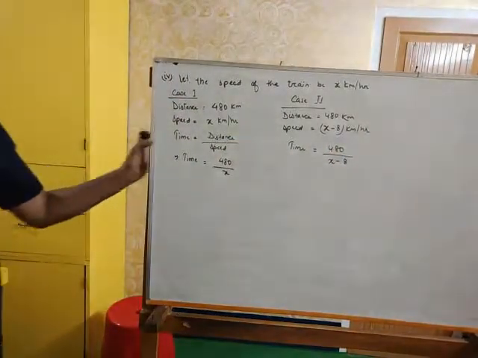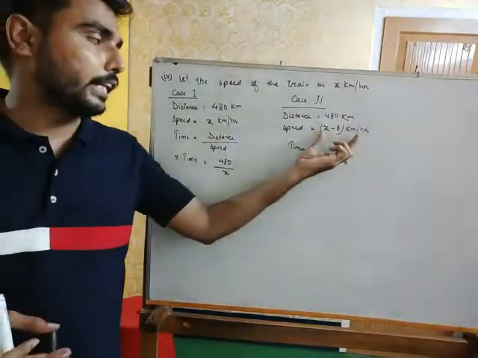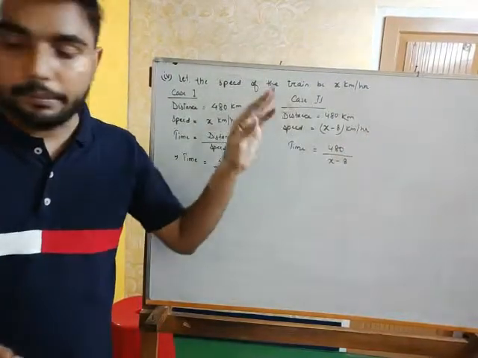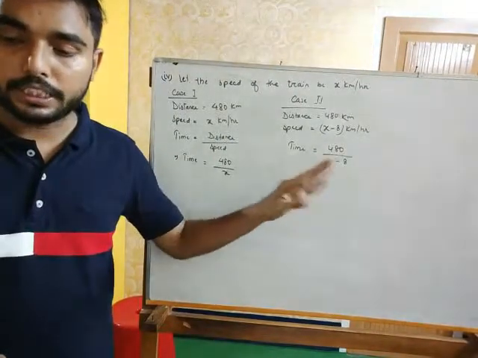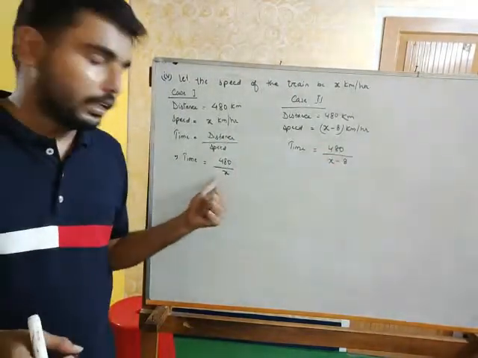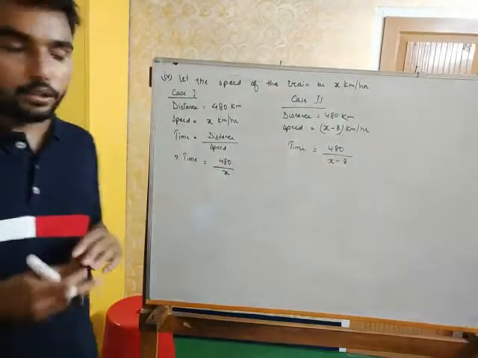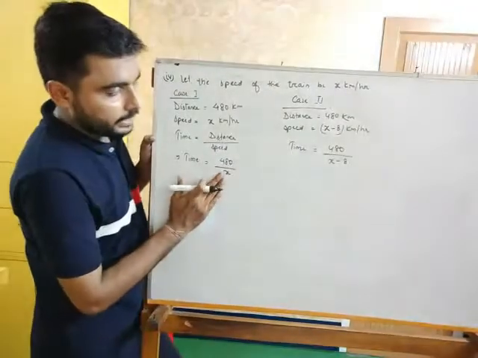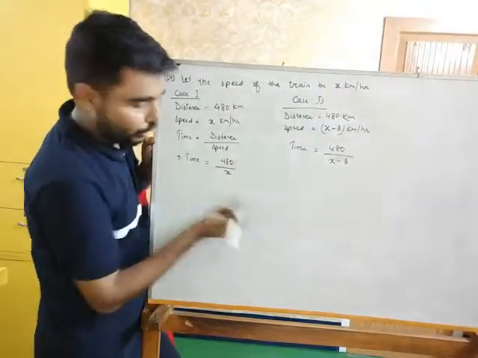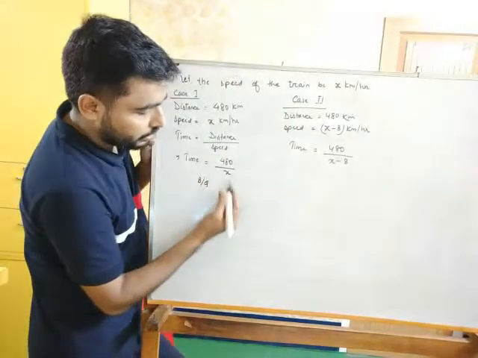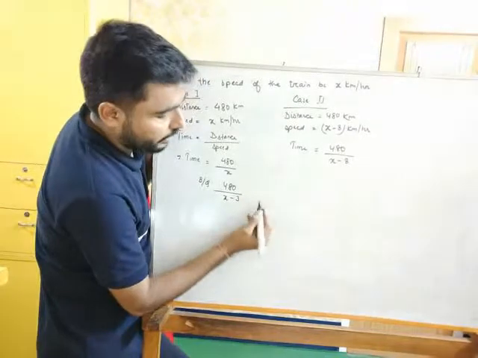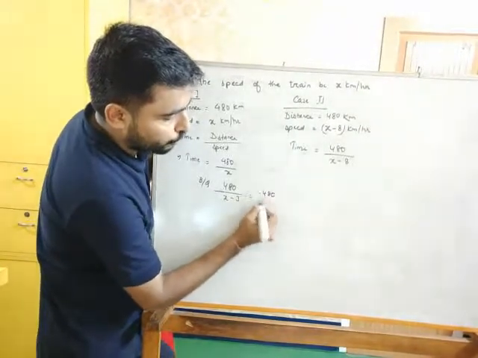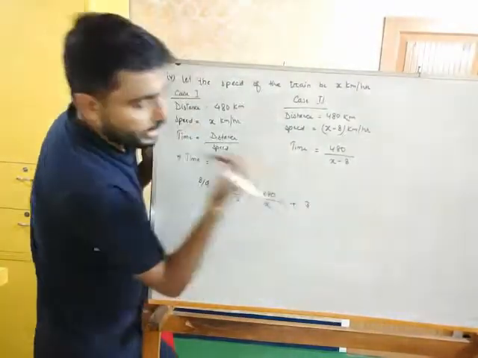So now what the condition says: if the speed had been 8 km per hour less, time taken will be 3 hours more from the time taken in case 1. So this time is less and the time here is more. So what can I write as condition? 480 by x minus 8 is equal to the earlier time plus 3 hours, isn't it?